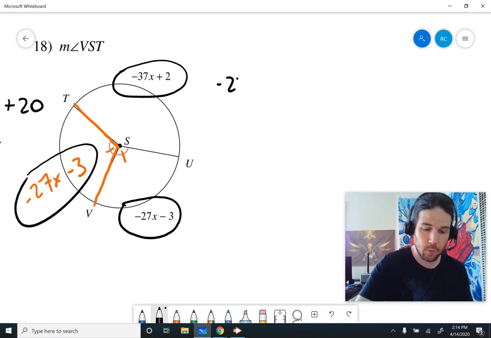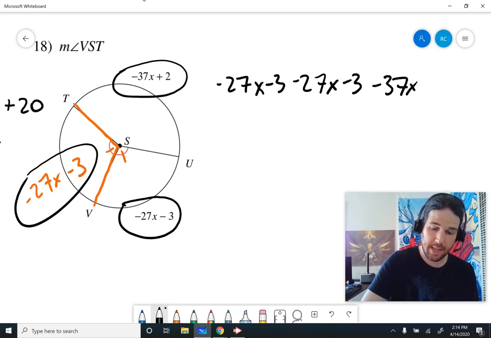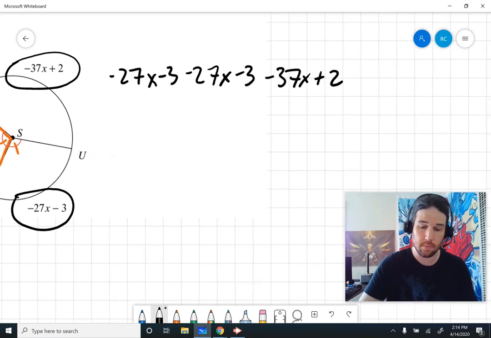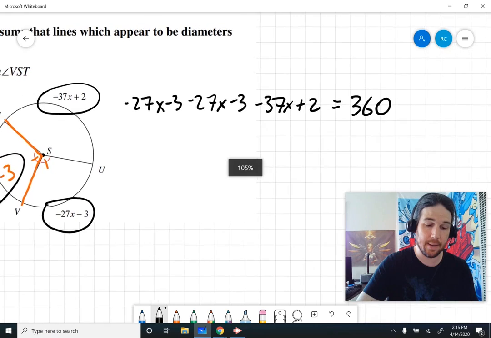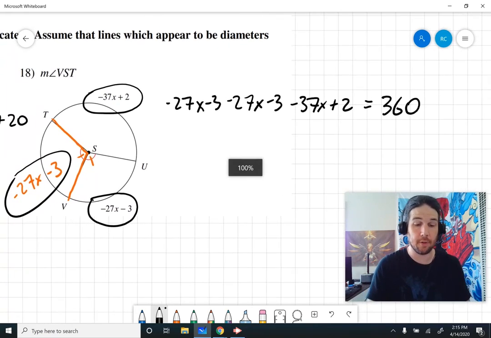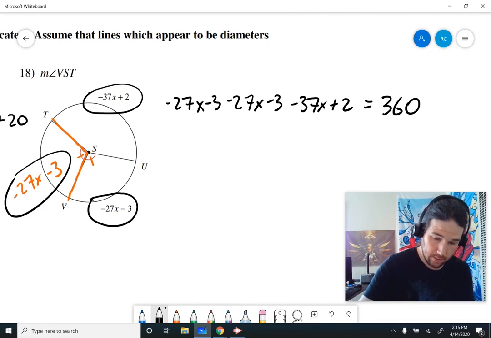So we get negative 27x minus 3 minus 27x, whoops, minus 3 minus 37x plus 2 all equals 360. Again, I just took all three of those expressions and lined them up.